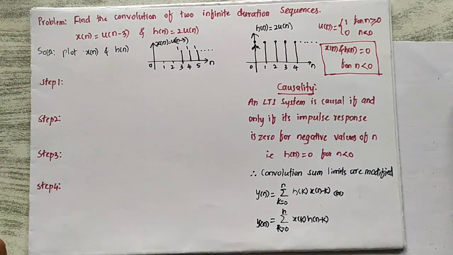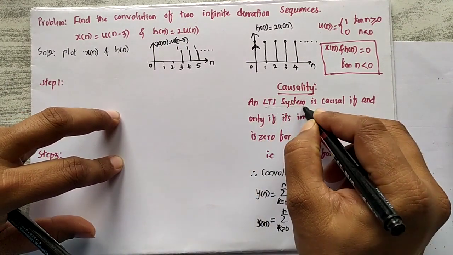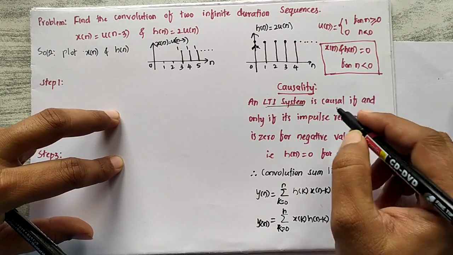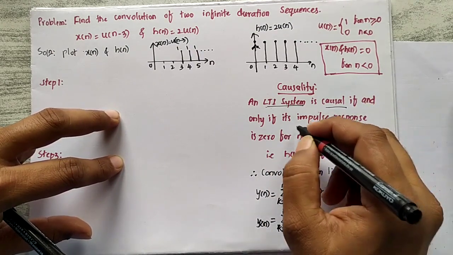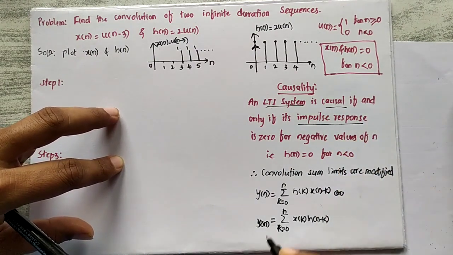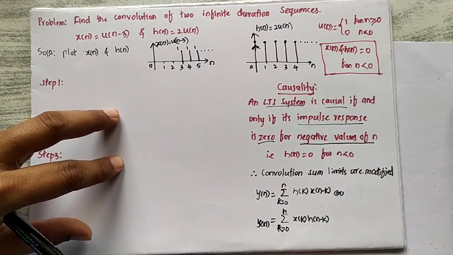In the previous video also, we saw when a system is said to be causal, non-causal, or even anti-causal. It is the same thing here. An LTI system is causal if and only if its impulse response is 0 for negative values of n.